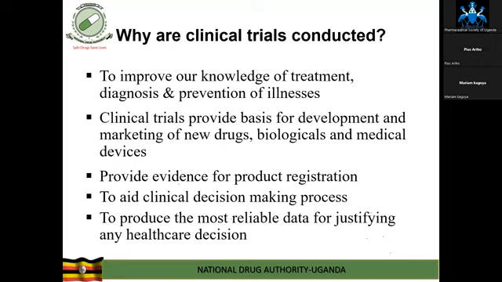Then, of course, when we are doing assessment of products, to support that this product can do what they claim it does based on clinical trials that were done wherever it is that they were done.